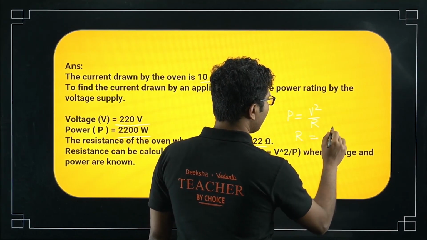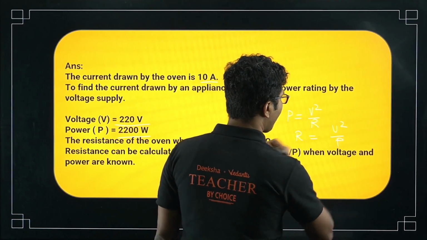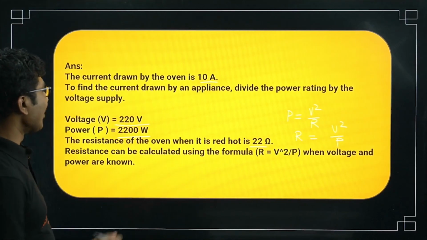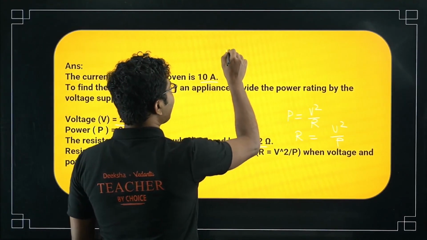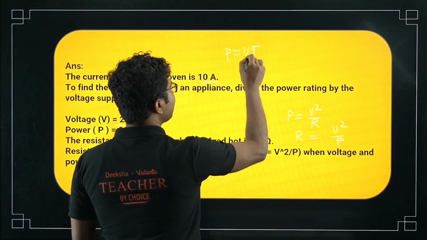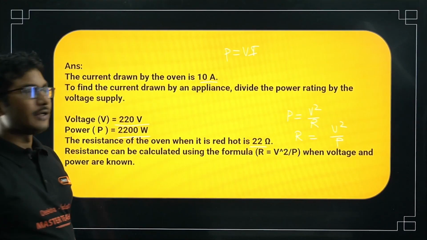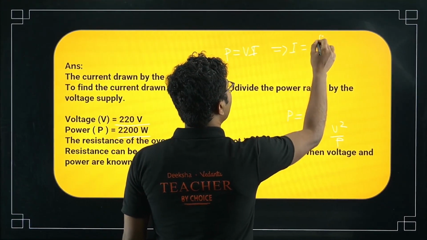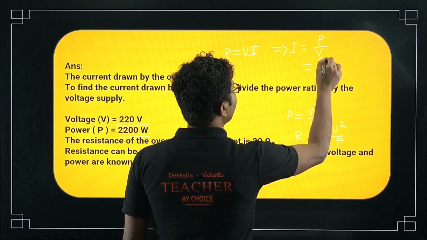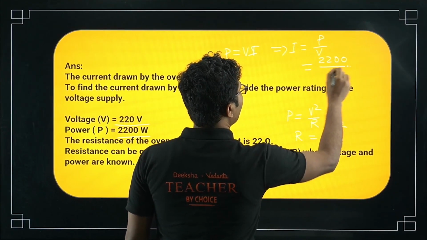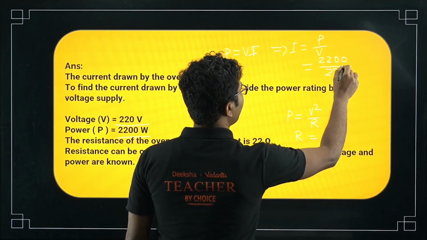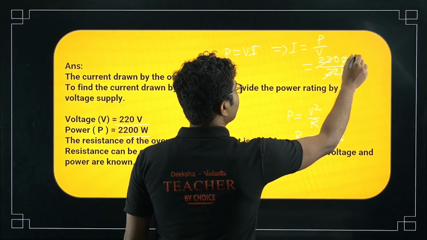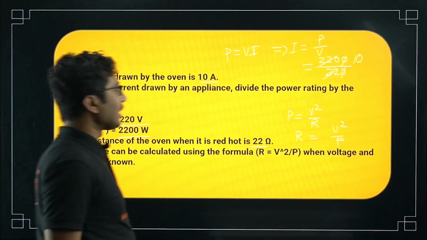R is equal to V square by P. Okay, and how to calculate current? P is equal to VI, same thing but different equations. So I is equal to P by V. P is 2200, V is 220 volt, the zeros cancel, so it will be 10. Okay, so current is 10 in this case.